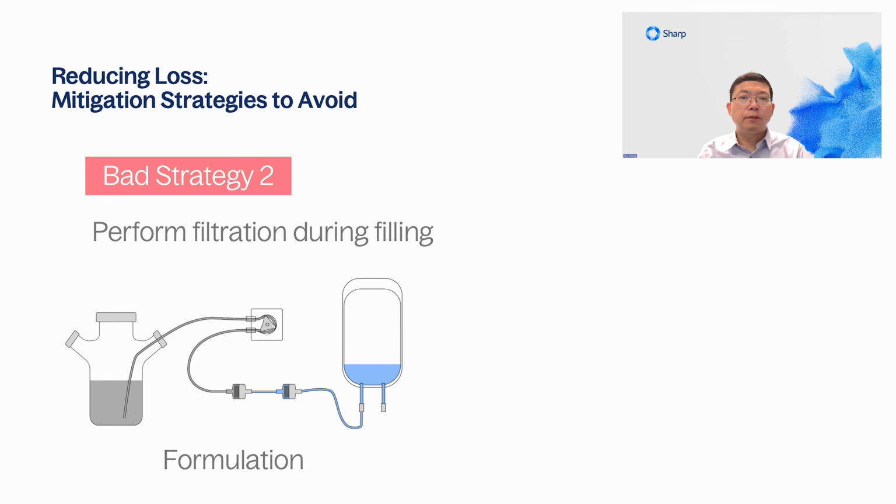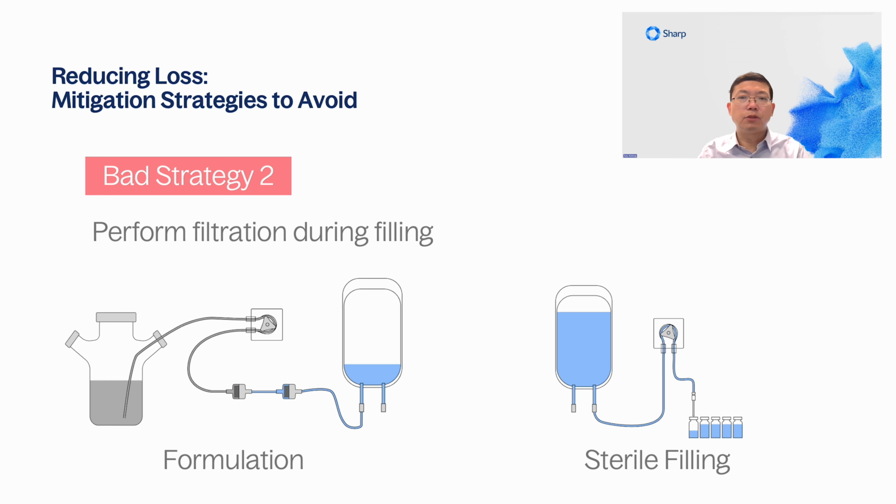First, sterile filtering the drug product solution into a second sterile vessel, and then connecting that vessel to a filling line to begin sterile filling. You can connect the non-sterile bulk drug product to the filling line and perform sterile filtration on the line.